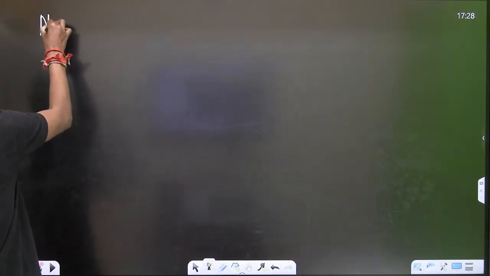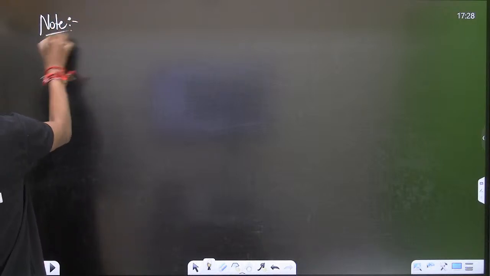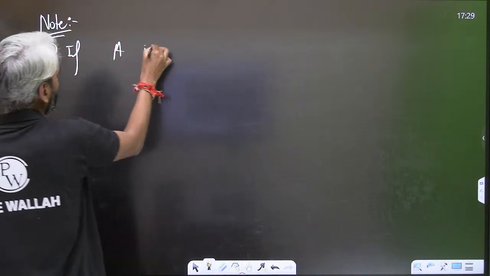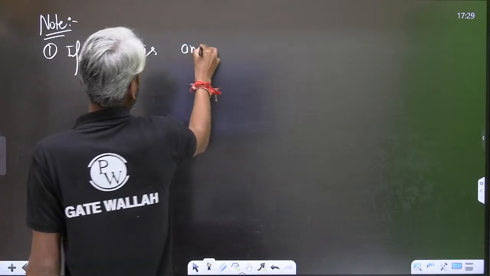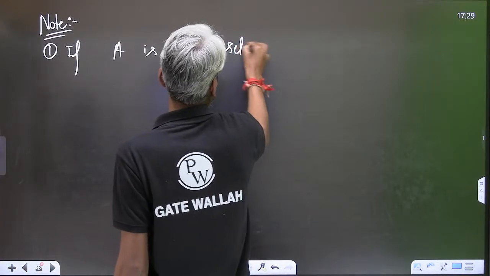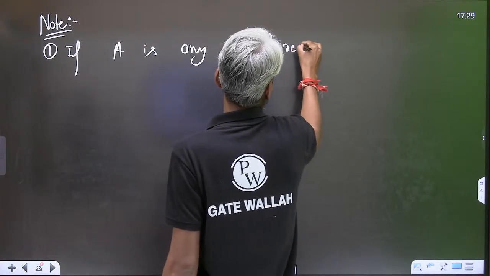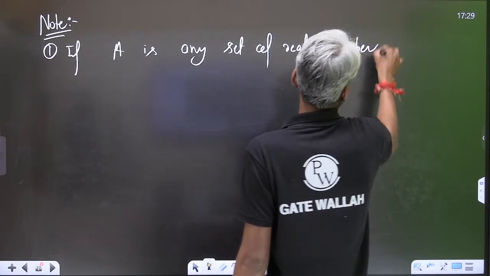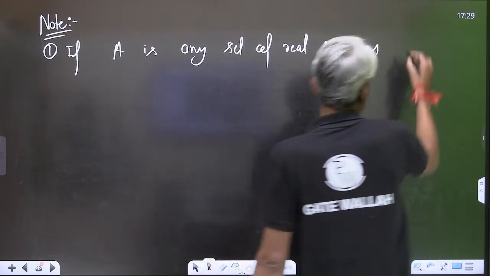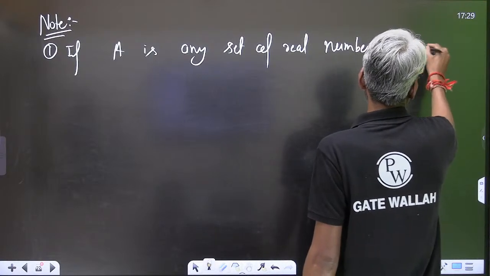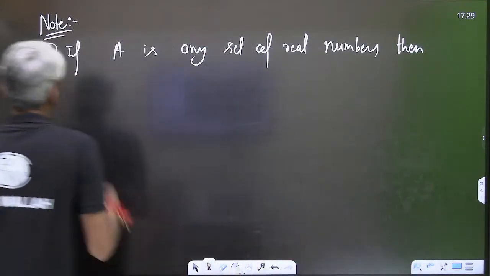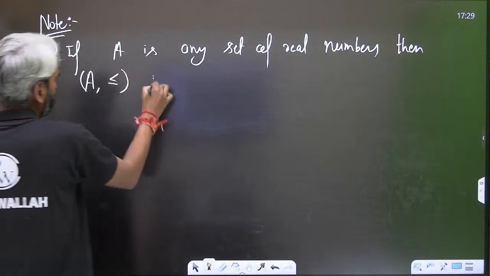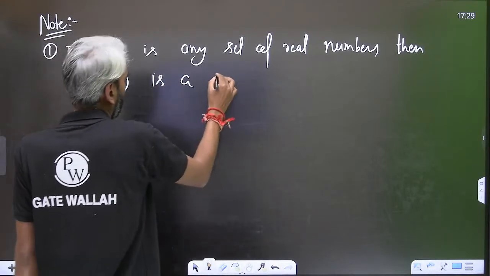Note, if A is any set of real numbers, then A with respect to the relation less than or equal to is a partially ordered set.